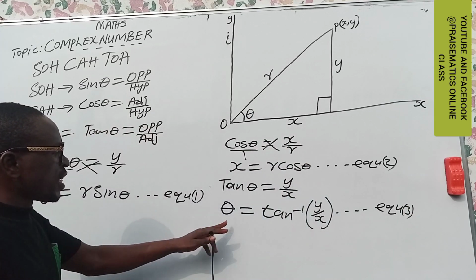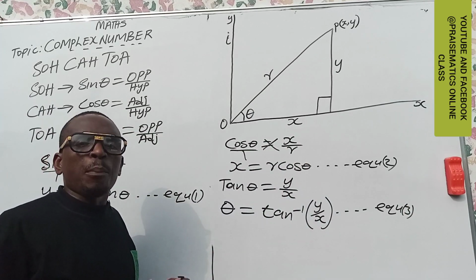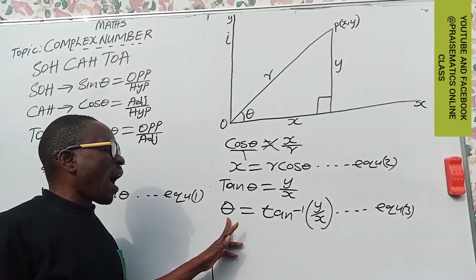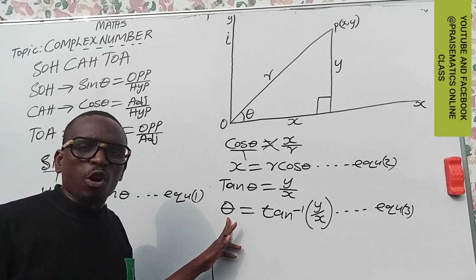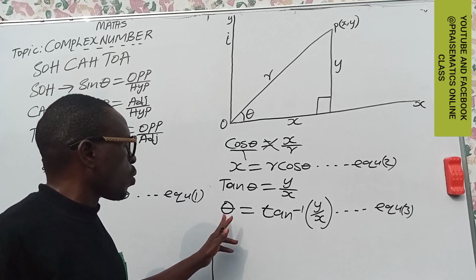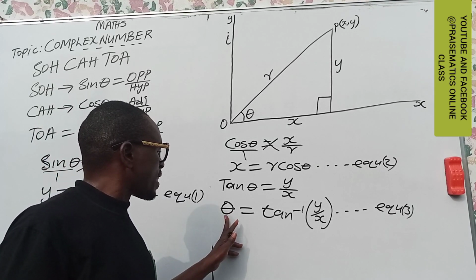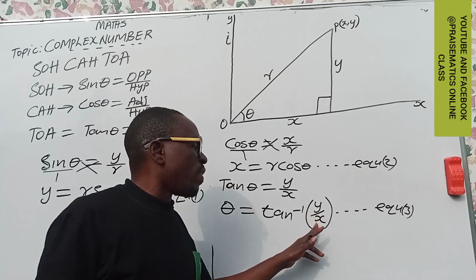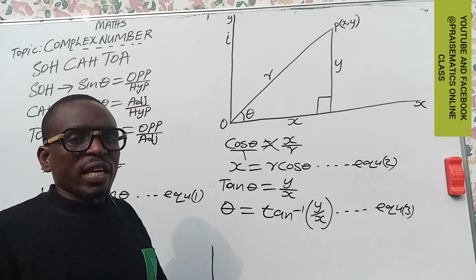This equation 3 is called the argument of a complex number. So the formula for argument, whenever you want to find the argument of a complex number, is theta equal to tan inverse of Y over X. That is how to get it.